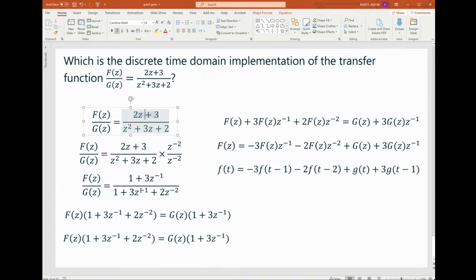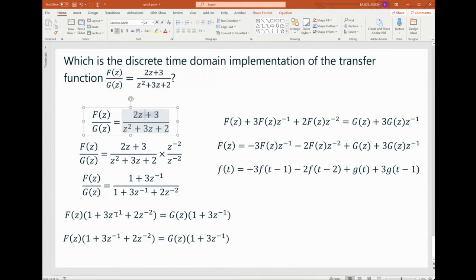Well, now I've got to get f of z by itself on one side of the equation, and then I got to get all of the g of z's as well as all of the f of z's that are multiplied against negative powers of z to the other side, which again is a little different than what we did with the S domain.